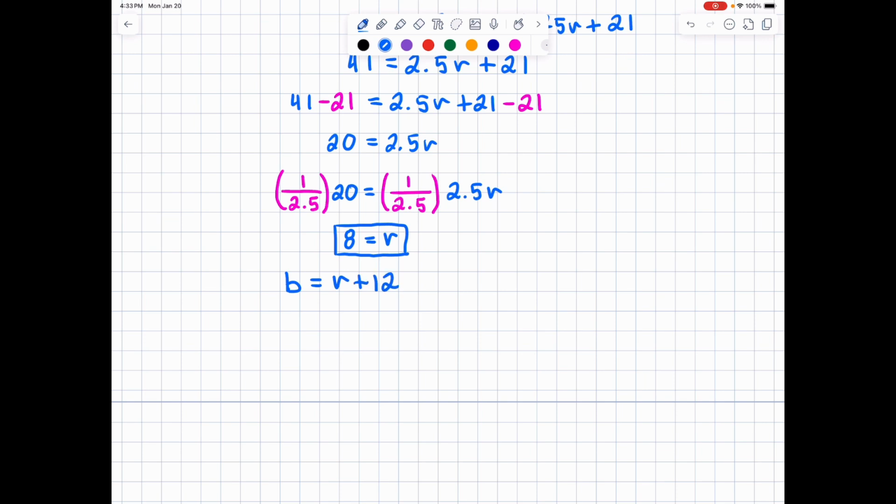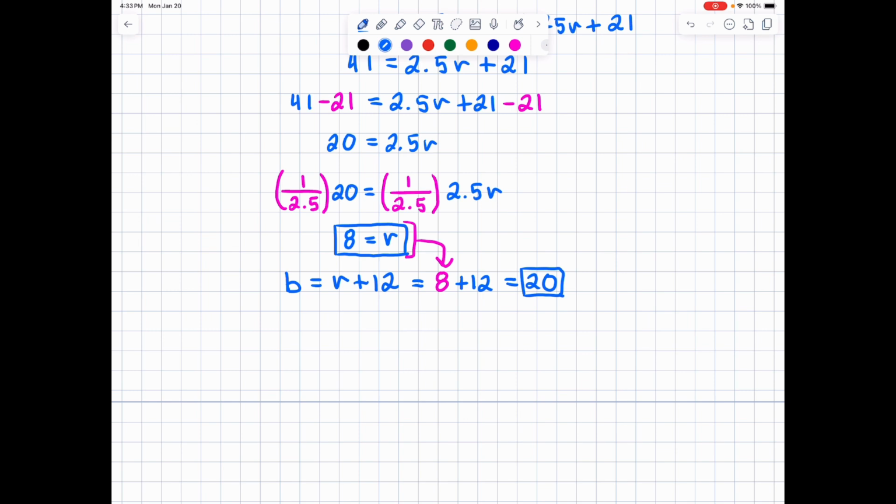But we know r. R is 8. So that's going to be 8 plus 12, and we got that from here. This here is how we got the 8. And 8 plus 12 is 20.